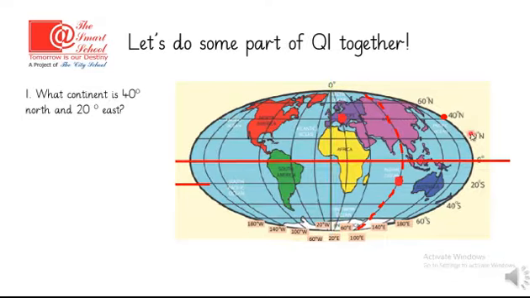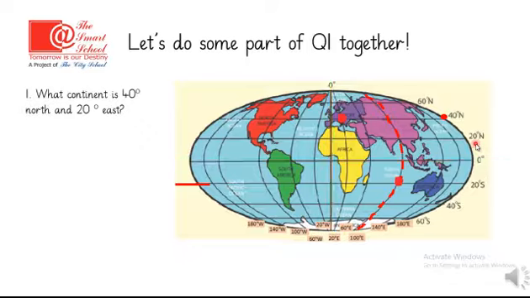And if the latitude is south, then we are going to look for the degrees here. And the same way, when we are going to find the second part of the address, the longitude lines, for east we will go to the right hand side, and for west we will go to the left hand side.